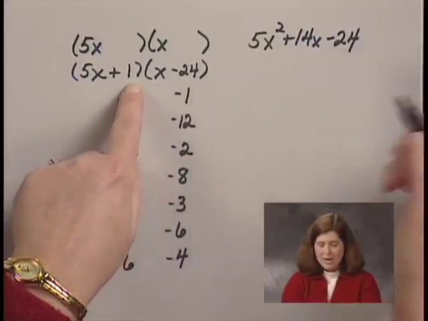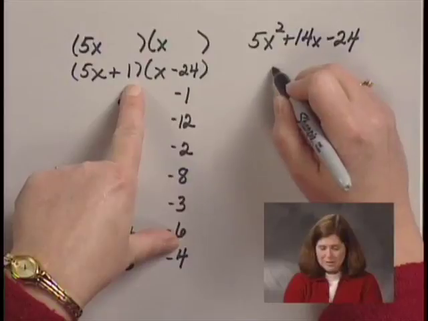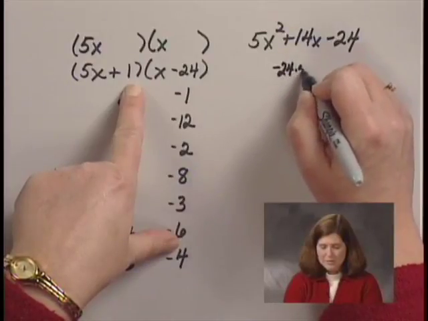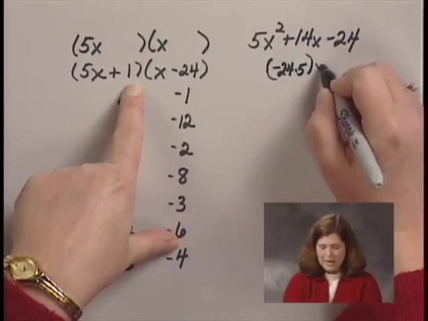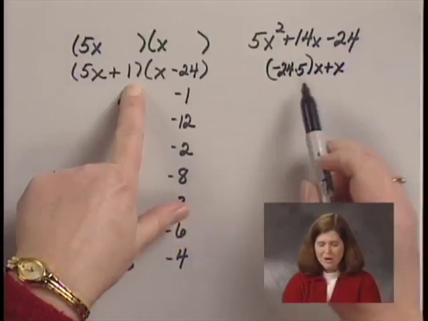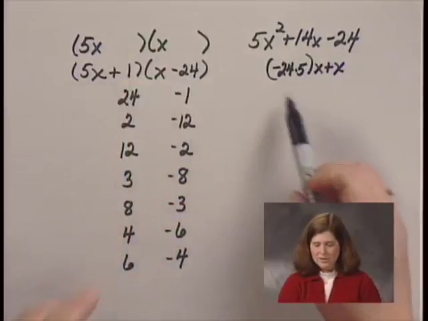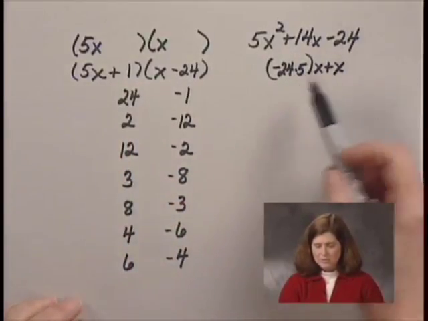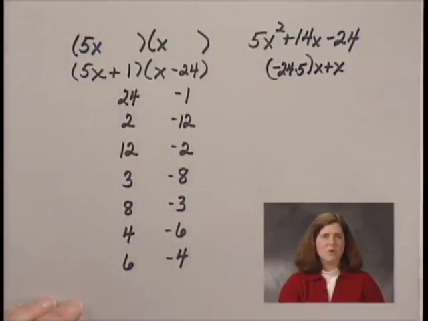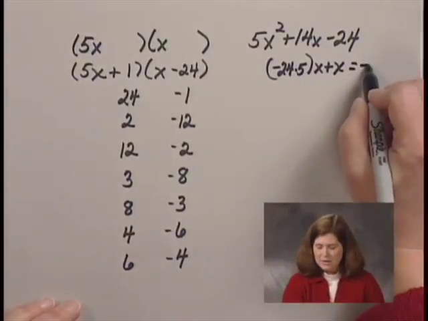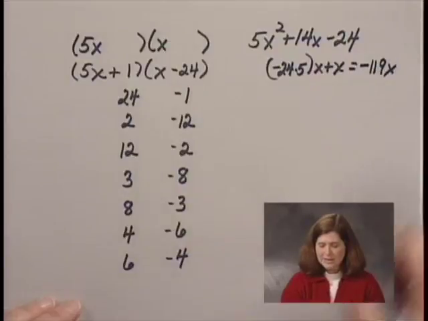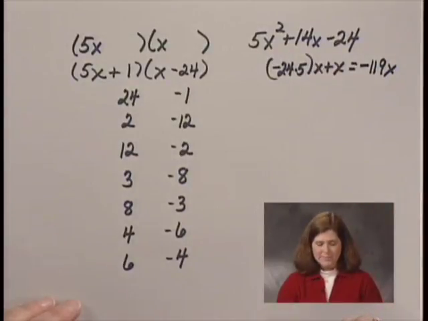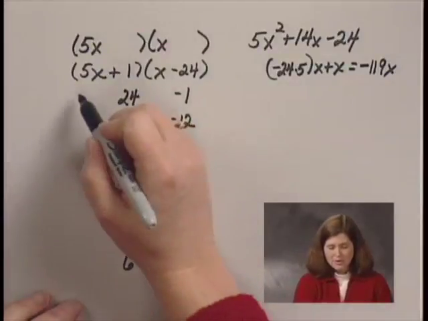Now I could multiply that out, though I really don't need to, because negative 24 times 5x plus x, I know, is not 14 or negative 14. It's negative 120 plus 1, that'd be negative 119x. It's much too big to be 14. So that one is not correct. So I'll try the next one.